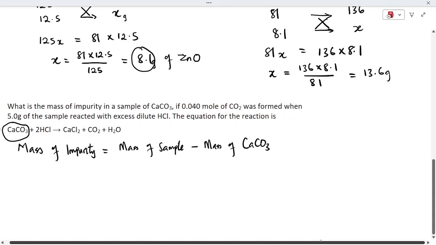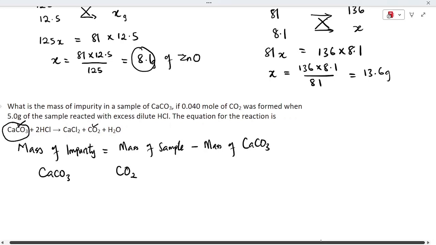So we want to determine the mass of calcium carbonate, and we are given information about the number of moles of carbon dioxide. That simply means that we are dealing with calcium carbonate and carbon dioxide. That's straightforward. Now, we are given a value in moles.